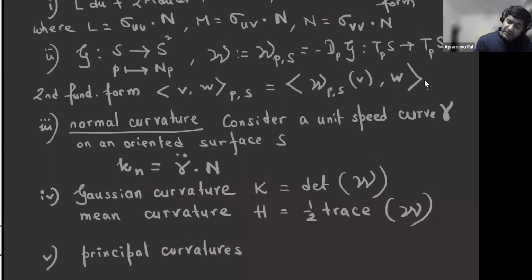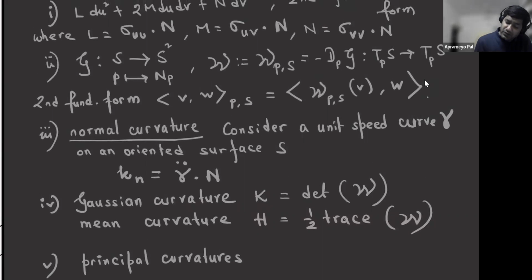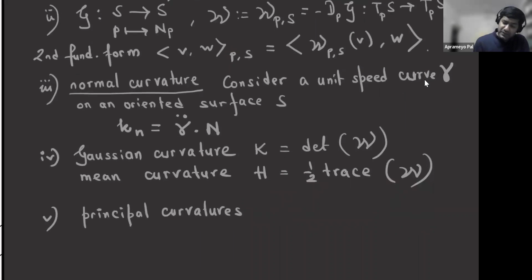We saw that W, the Weingarten map, is a self-adjoint linear map, or in other words, the bilinear map is a symmetric bilinear map. So we would have a basis of eigenvectors of W, and of course the corresponding eigenvalues.